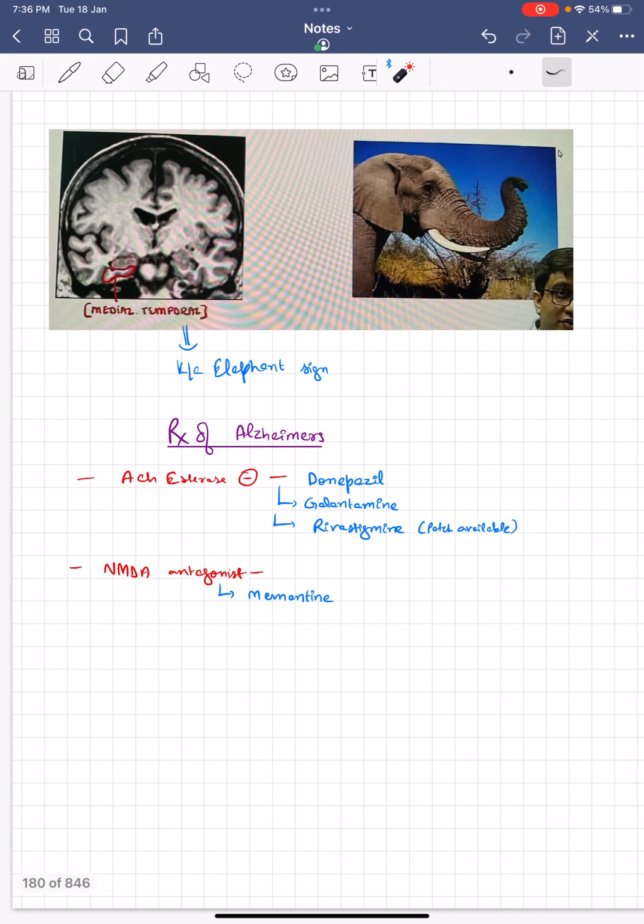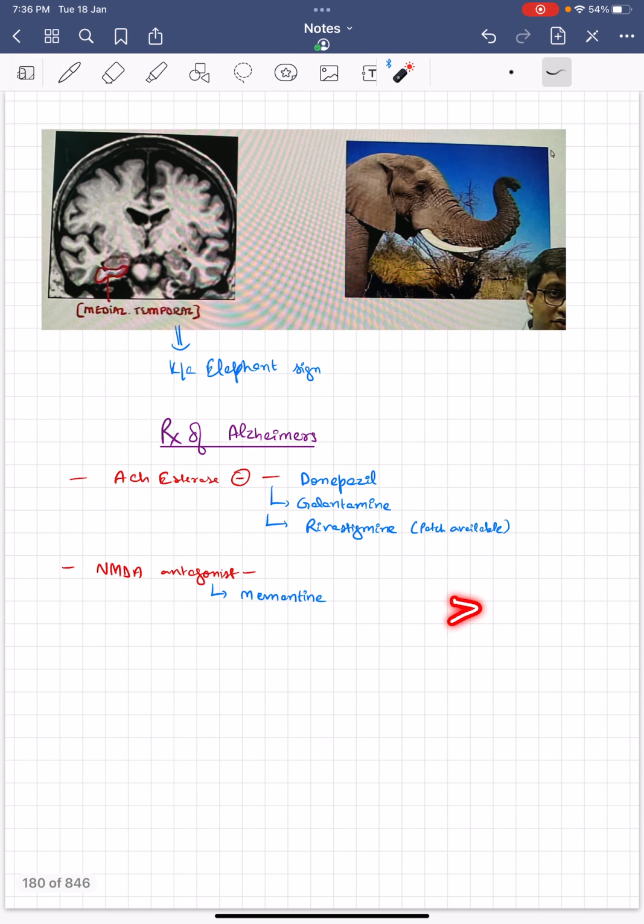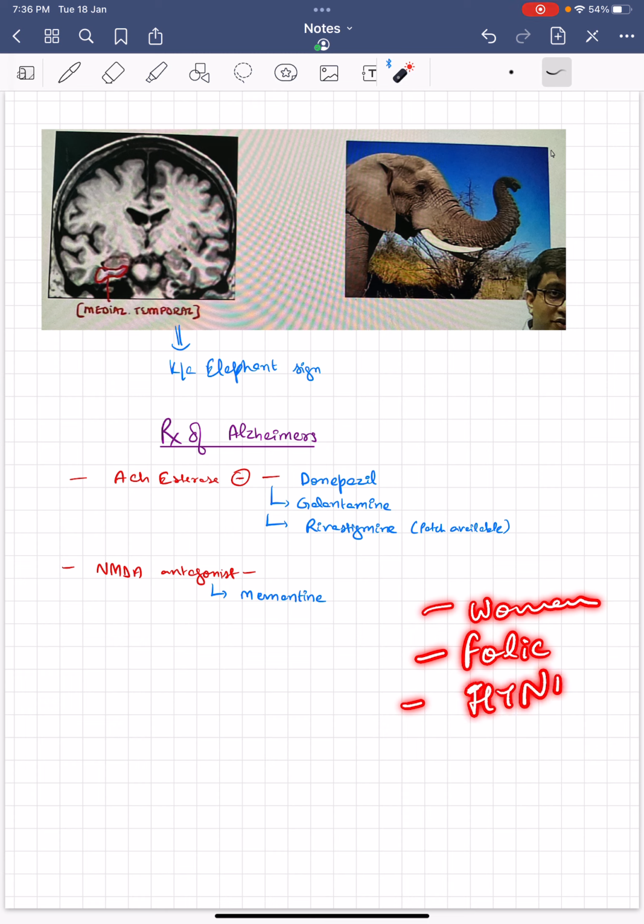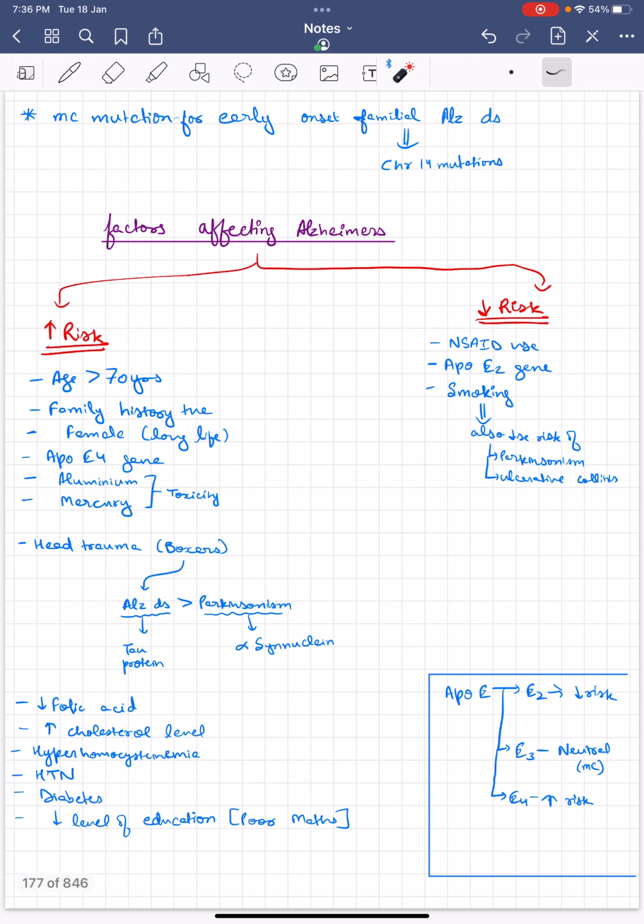The things that increase the risk were age greater than 70, female sex, folic acid deficiency, hypertension, diabetes mellitus, and increased cholesterol levels. Also family history, obviously ApoE4, aluminum and mercury toxicity, head trauma in boxers.